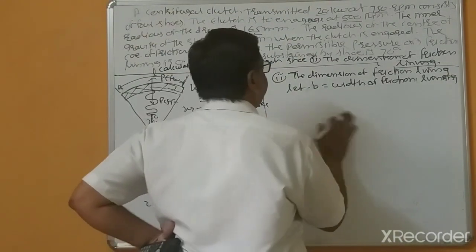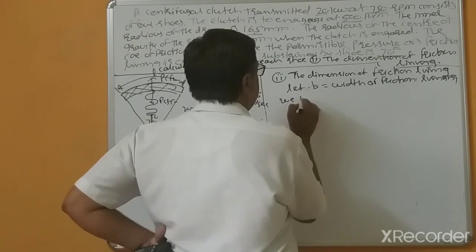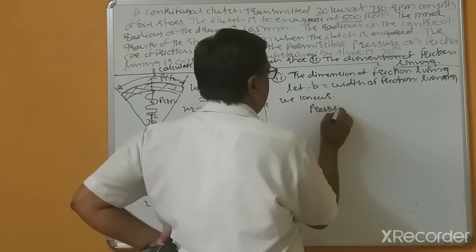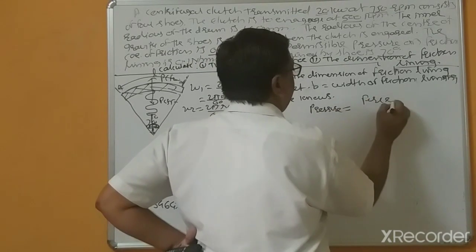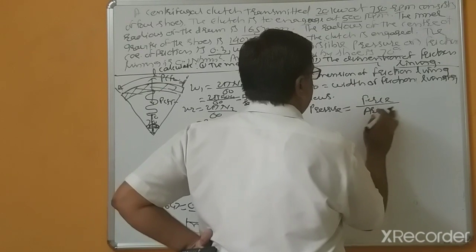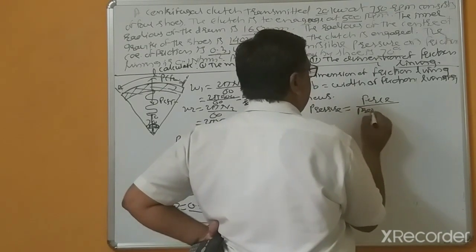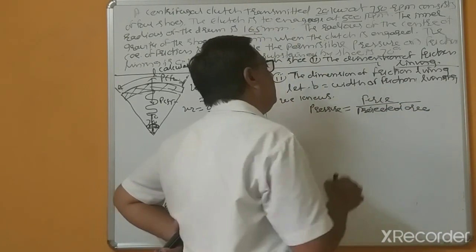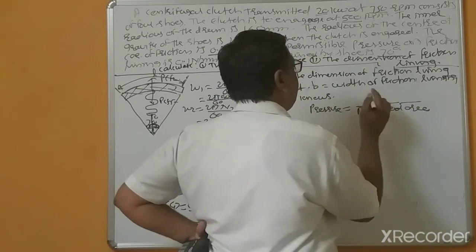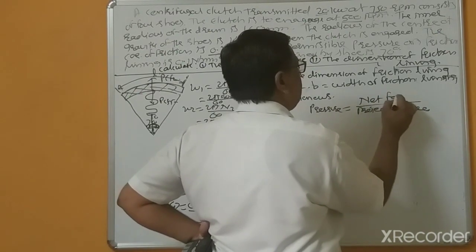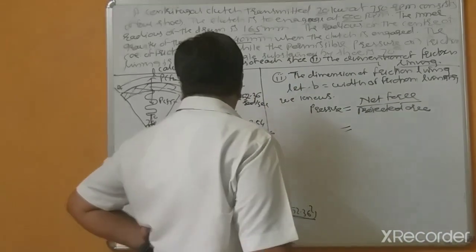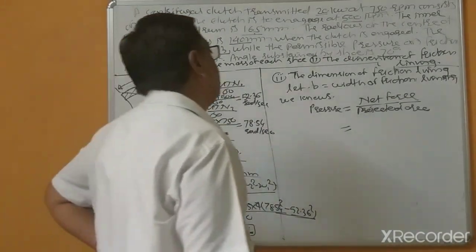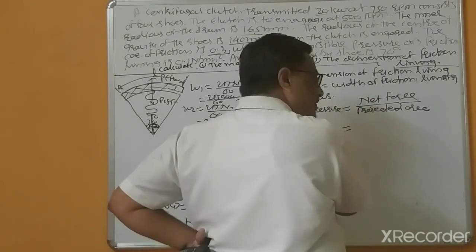We know pressure equals force divided by projected area. This is the basic formula. The force is the net force, which is the frictional force.